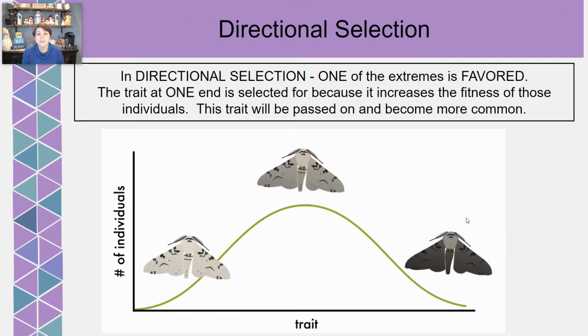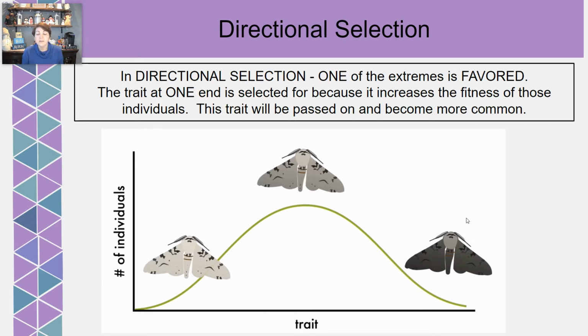So the first way it can change these graphs or a population is called directional selection. In directional selection, one of the extremes is selected for, or one of the extremes is favored. Meaning on one end of the graph, there's a trait that makes it easier to survive and reproduce. And so that trait is going to become more common.